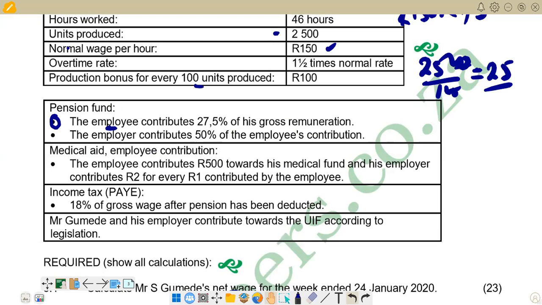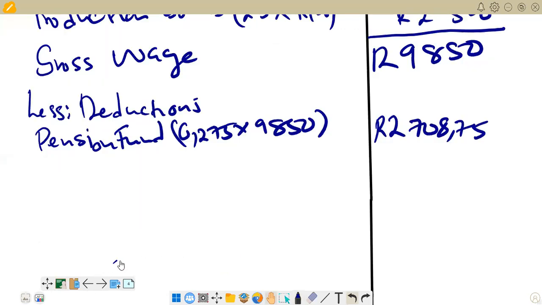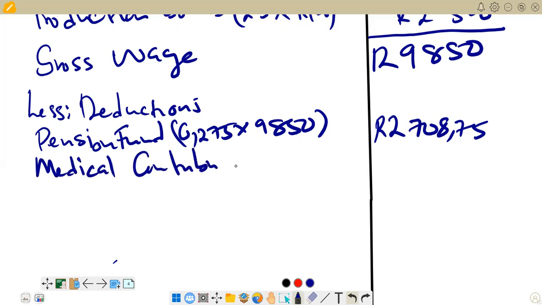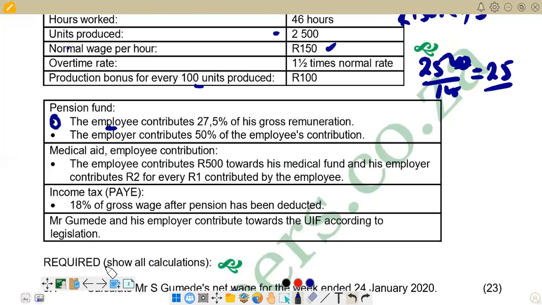So the medical aid contribution is 500 rands. So I will check the next one.